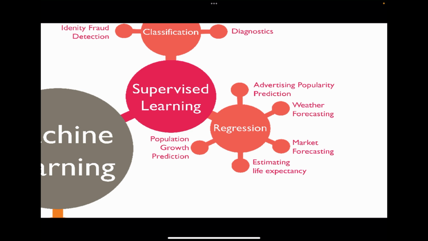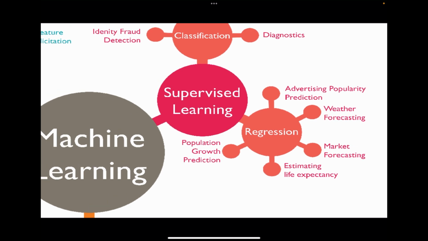Another example of regression is weather forecasting, estimating the life expectancy of people of a certain city or a certain area, predicting the population growth, whether it is going to increase or decrease after a certain period of time, and so on. So these are the supervised learning algorithms and their paradigm of machine learning.